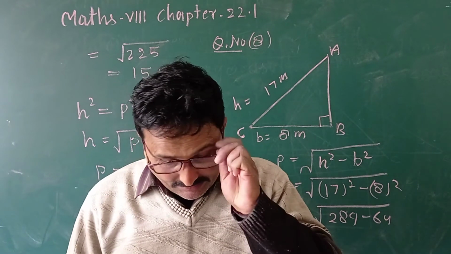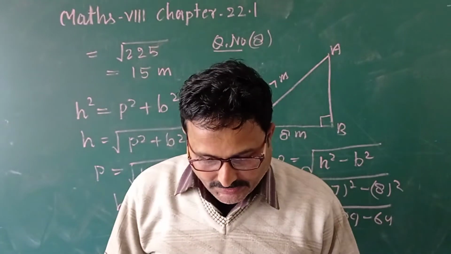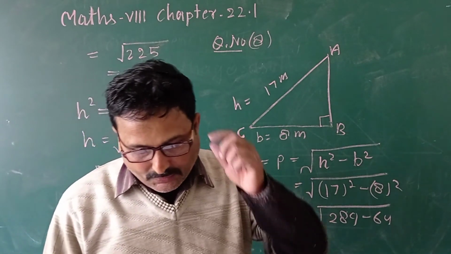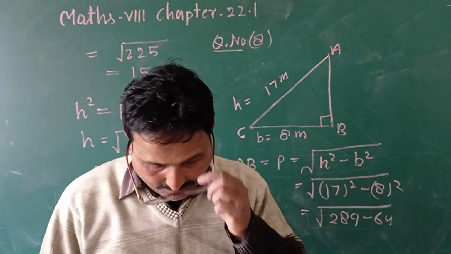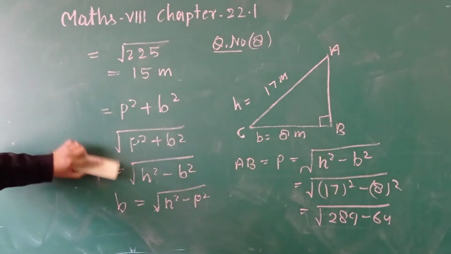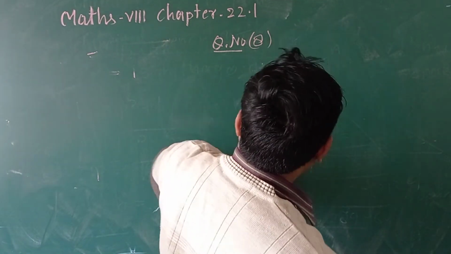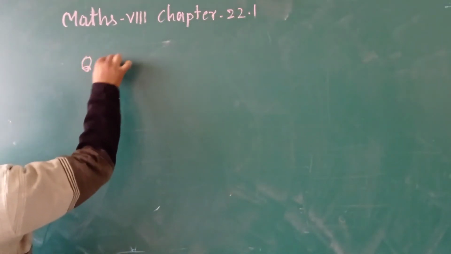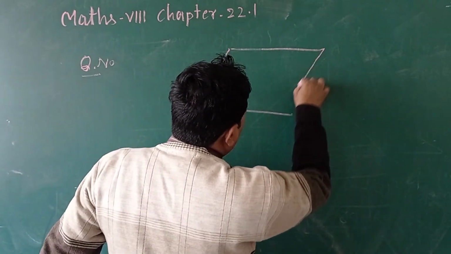Similarly, question 9 is also the same. Question number 10, the diagonals of a rhombus are 12 and 16 centimeter. You know the rhombus?